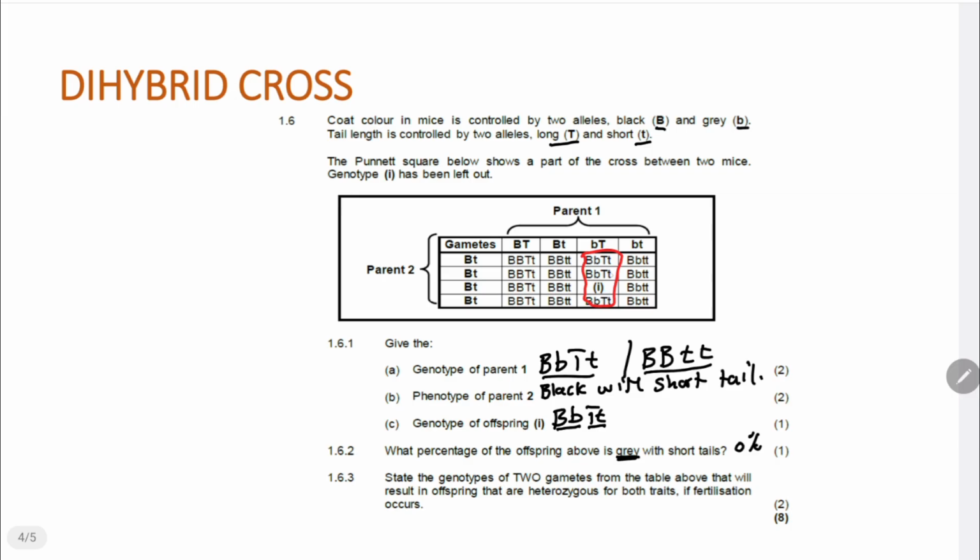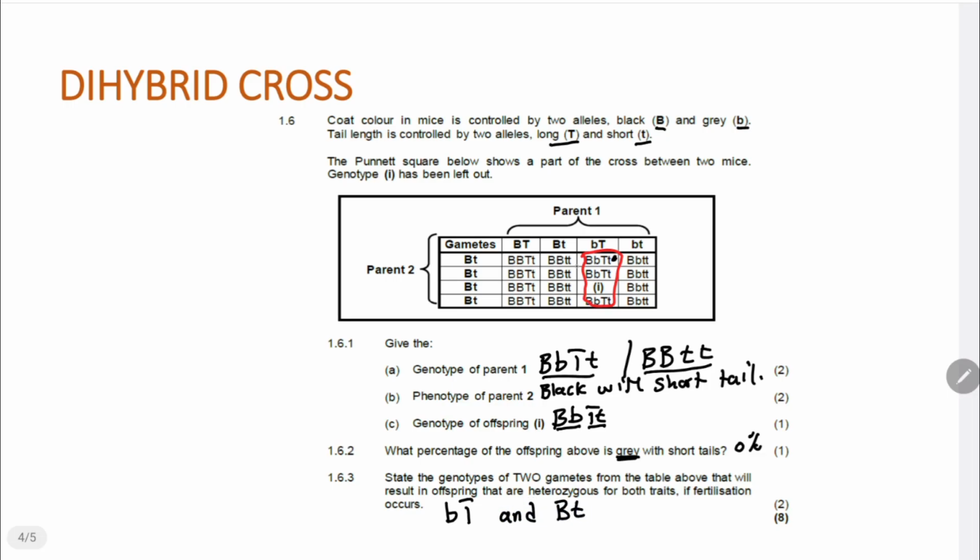Now, the offspring in this row are made from this genotype of the gamete and the genotype from the side. So let's look at these individuals specifically, right? It is the gamete from the top, so it will be small letter b, capital letter T, and the gamete from the side, which is this one, capital letter B, small letter t.